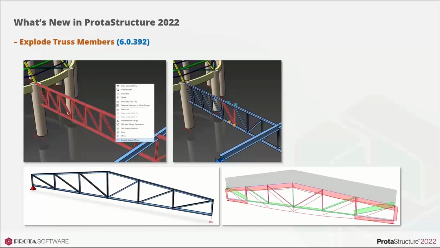So why do we need to explode these trusses? So the need for flexibility doesn't end. Maybe you want to analyze this truss separately from the structure. As you see in the picture, I exploded the truss and I assigned the support at the top and at the bottom chord, and I applied loads to it, and I analyzed it independently on a model, for example.